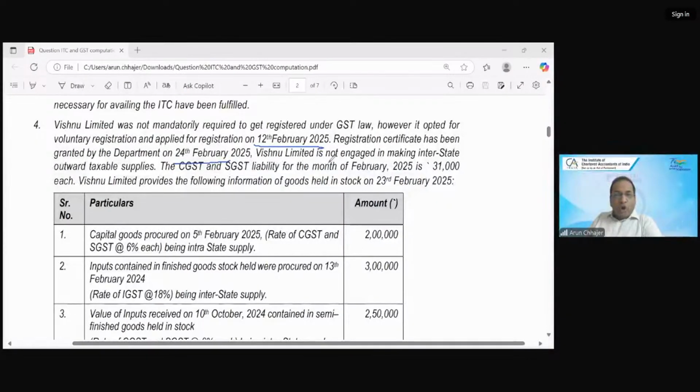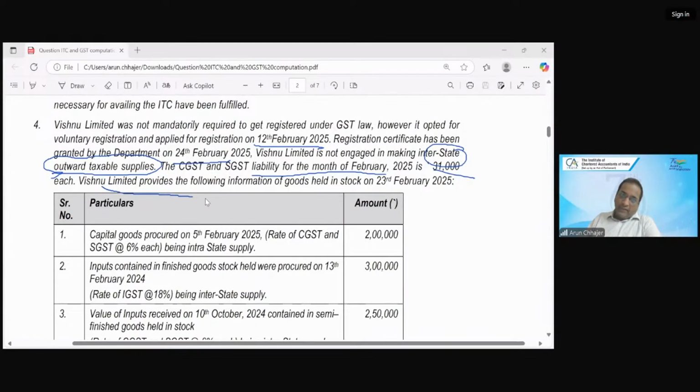Vishnu Limited is not engaged in making interstate outward taxable supply. What is the relevance of this? It means it had no IGST liability. CGST and SGST liability for the month of Feb 2025 is rupees 31,000 each. So what is the liability for the month of Feb? 31,000.